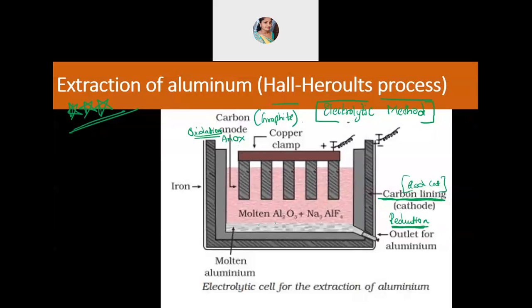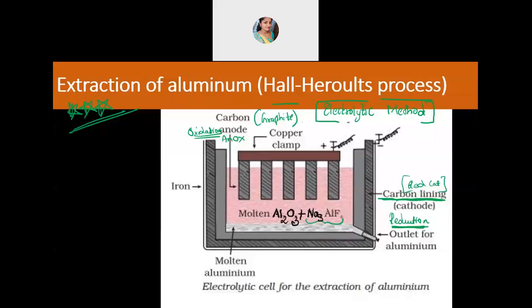So here molten alumina, Al2O3, along with Na3AlF6. I'll make it a little darker here. I don't know if it is visible to you. It is Al2O3, molten alumina. And along with that, you can see another compound also is taken, Na3AlF6.